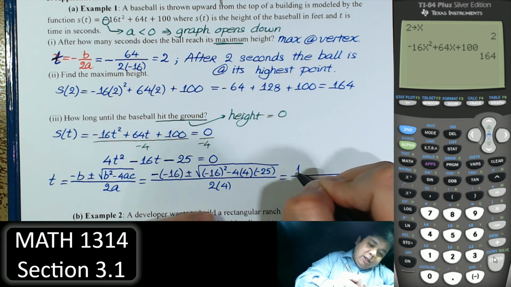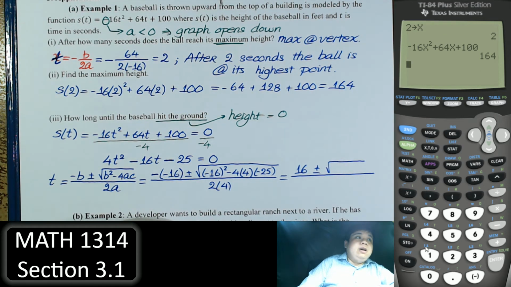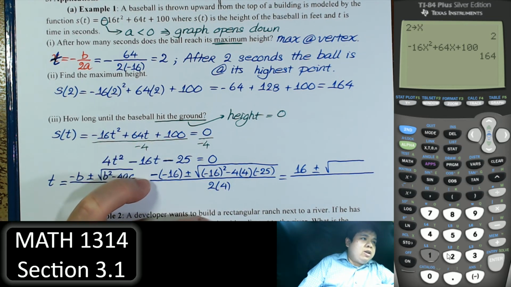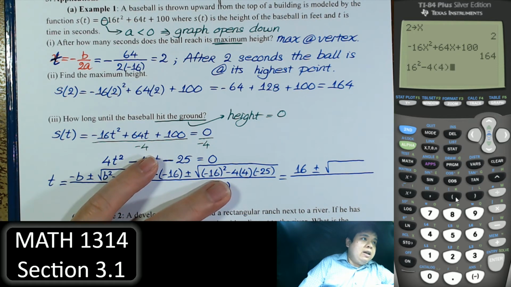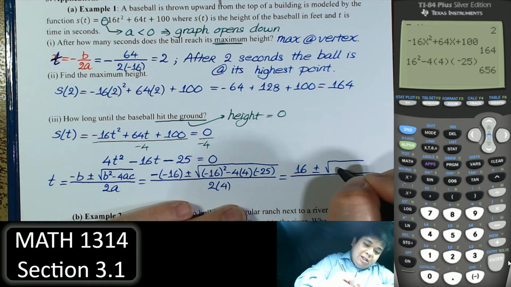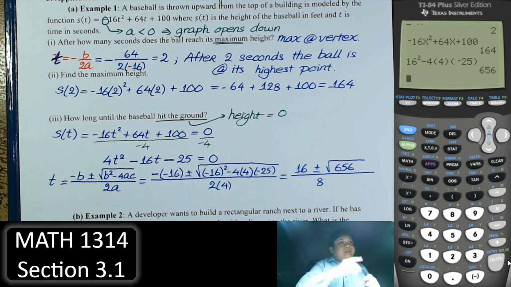Right, so we have 16 plus or minus square root. Just use a calculator. 16 squared or negative 16 squared is still the same. Minus 4ac. So 656 over 8. Right.